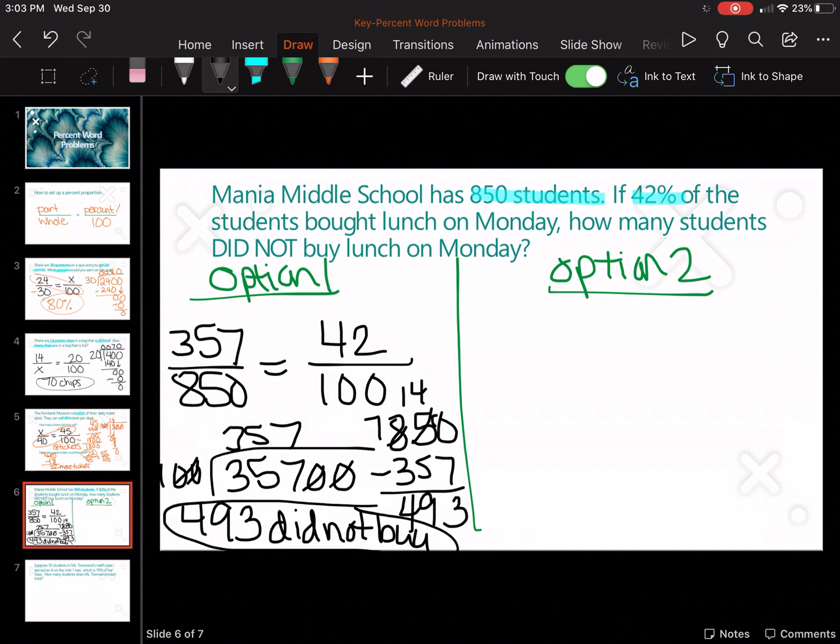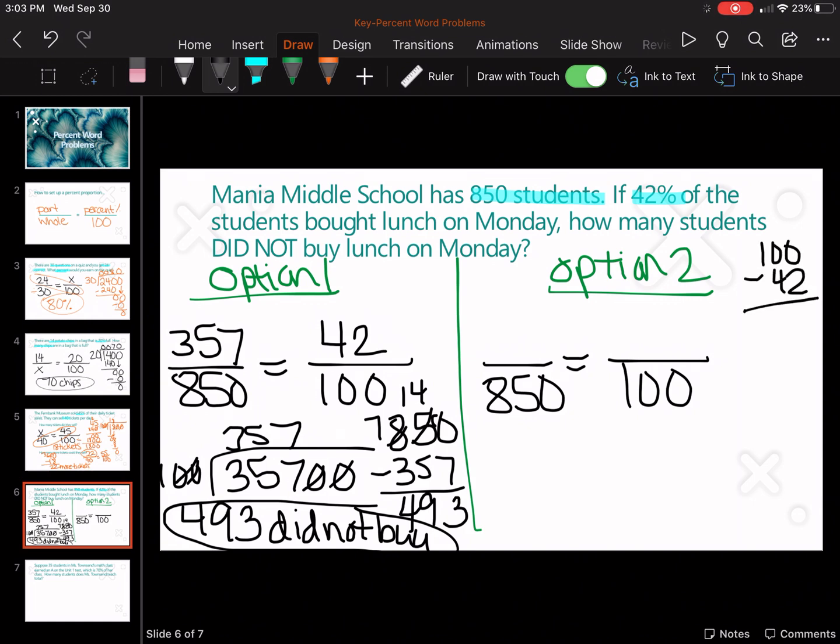Okay, so the other way you can do it, still setting up our proportion, still 850 students, but now it's the other percentage, okay? So it is 100 minus 42 gives me 58%.